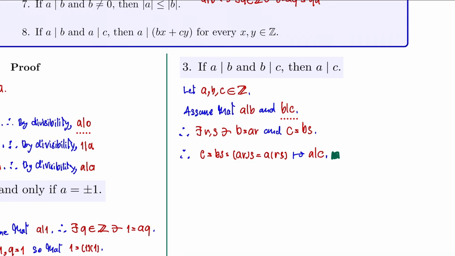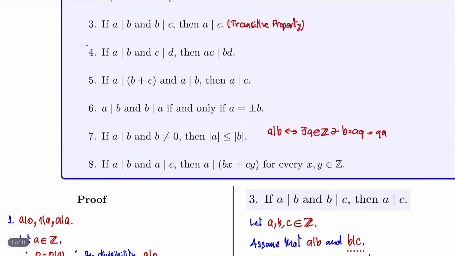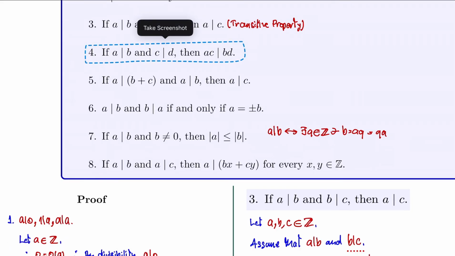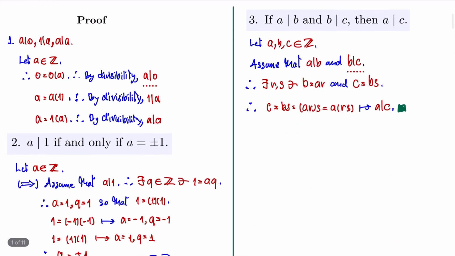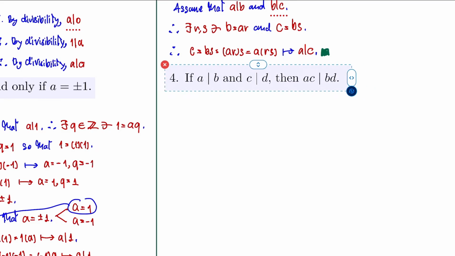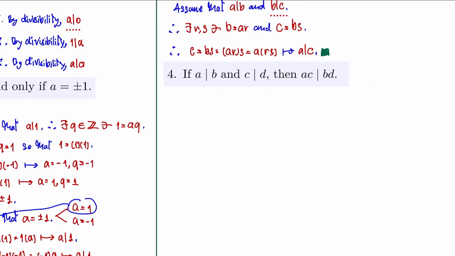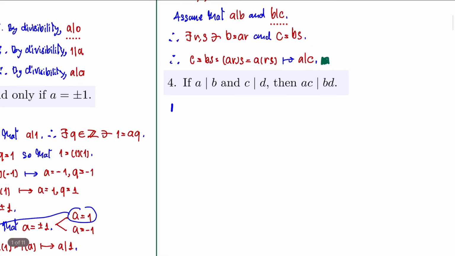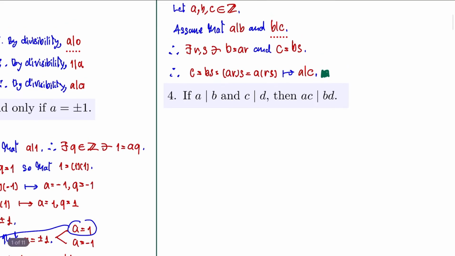Now let's go to the fourth property: if a divides b and c divides d, then a c divides b d. Let's try to prove this property. Where does d come from?